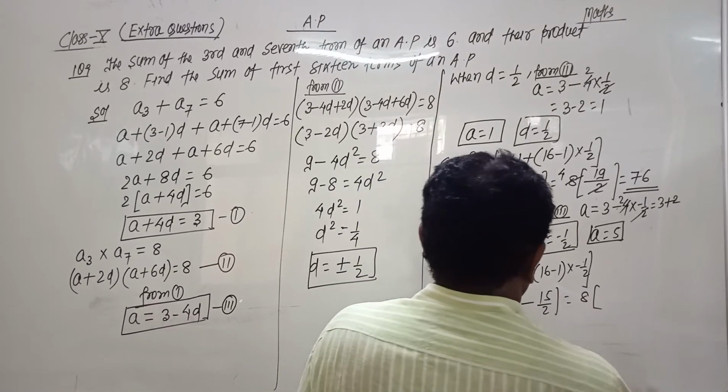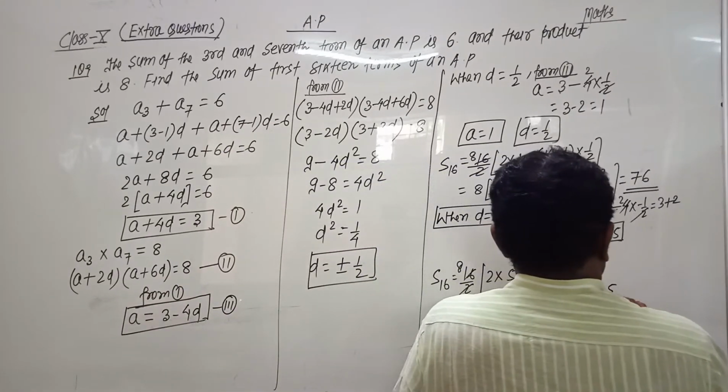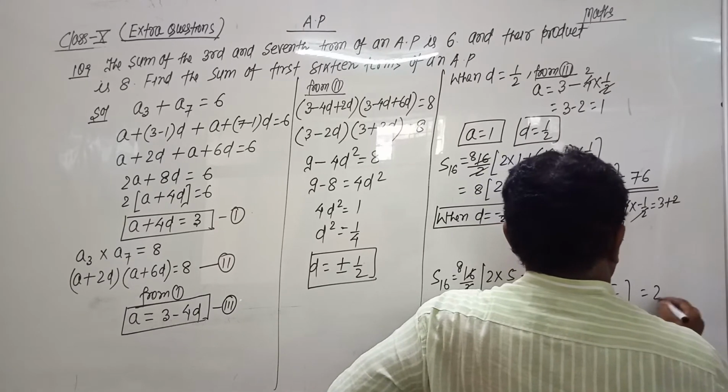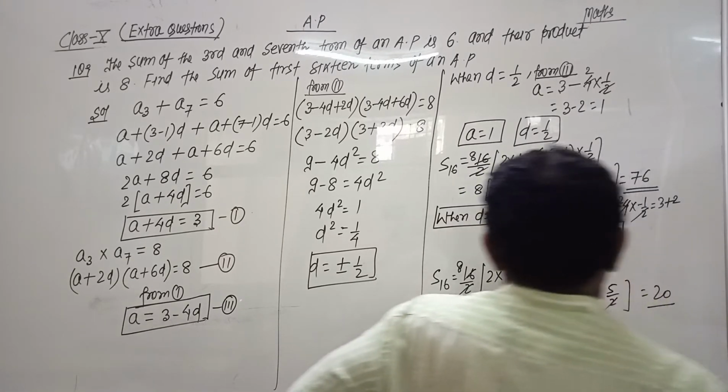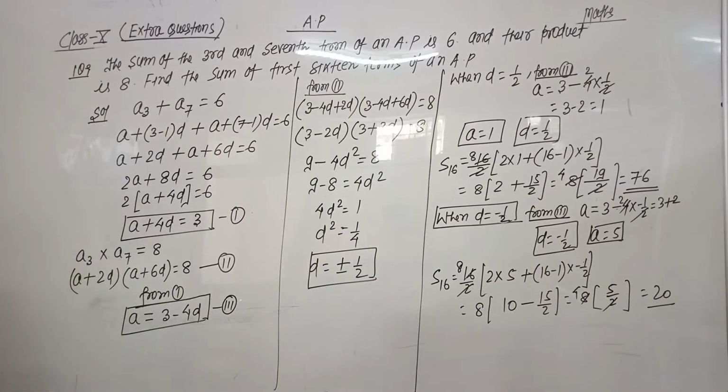So 8 into LCM 2, (20 minus 15) by 2, 5 by 2, and it comes to 20. So when d equals minus 1 by 2, the sum of 16 terms is 20.